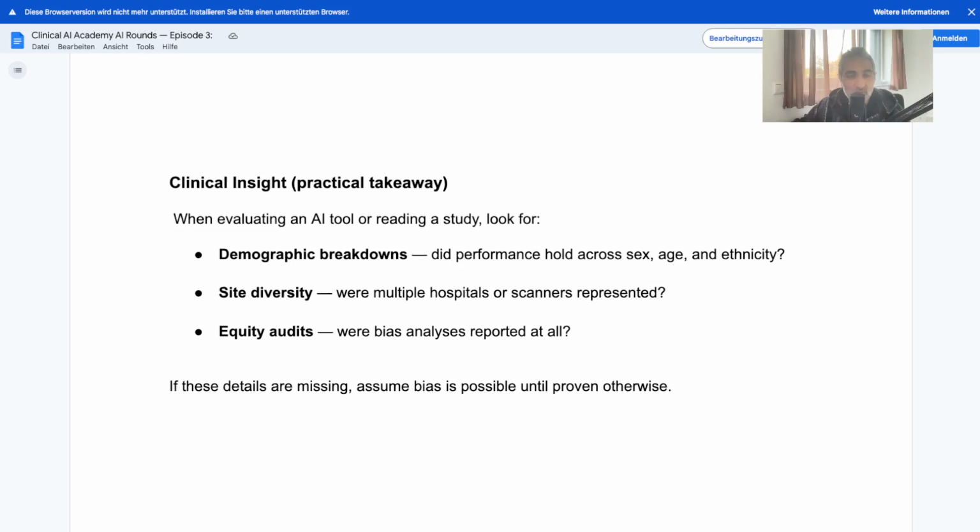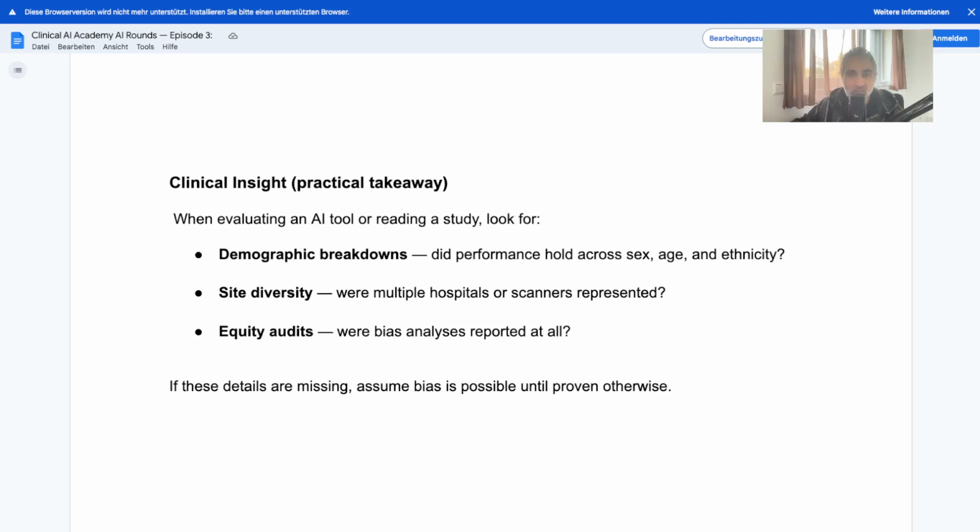And it's important to remember that AI reflects its data, right? So the AI reflects the data that it was trained on, and that is the reality for the AI, not the real reality that you're dealing with. So you need to be careful that the reality you're dealing with, your patient population, your circumstances, your infrastructure, is suitable for the AI tool that you're using.